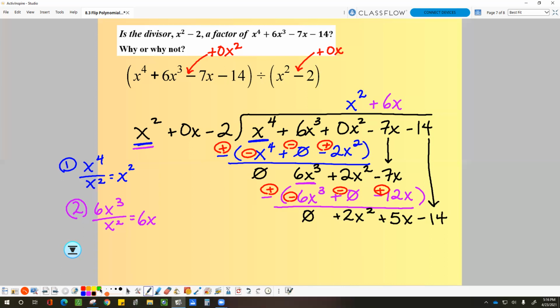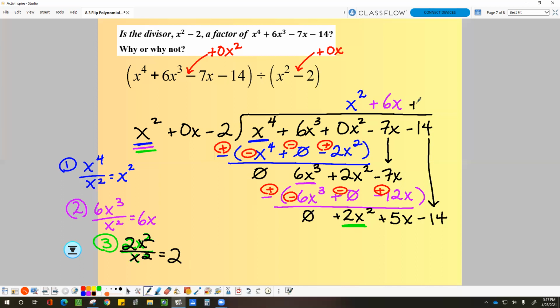I have one more division to do, and that is 2x squared divided by x squared. 2x squared divided by x squared is 2.